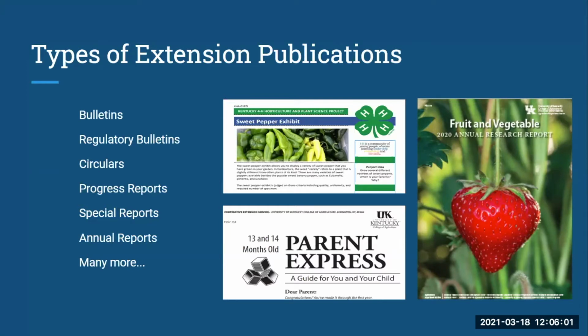Results were initially communicated in the form of bulletins, but as you see here on this slide, there are a number of other types of publications that have developed since then. So like I said, it started out with these bulletins to kind of inform the public about results of the research that they're conducting there at the experiment station.